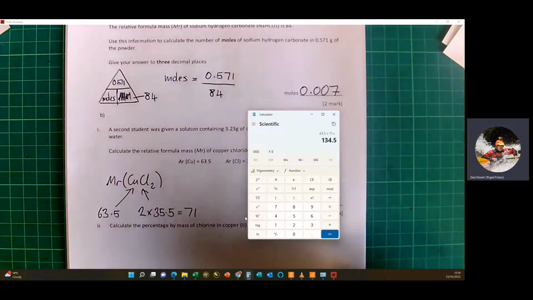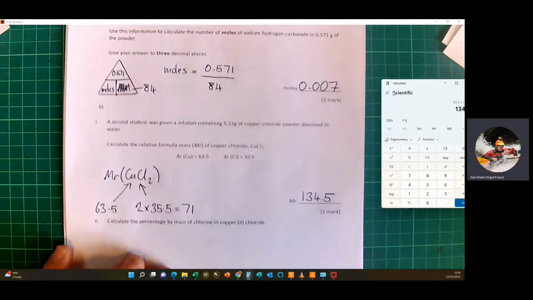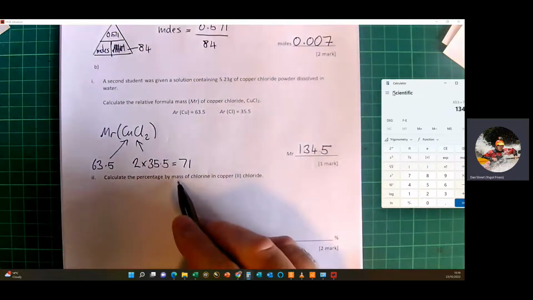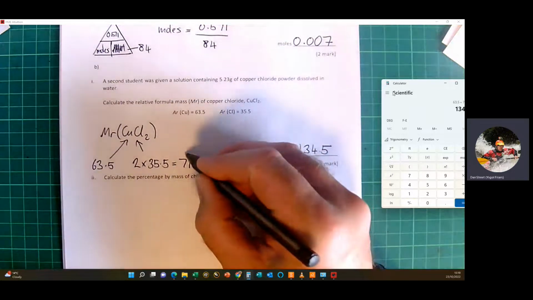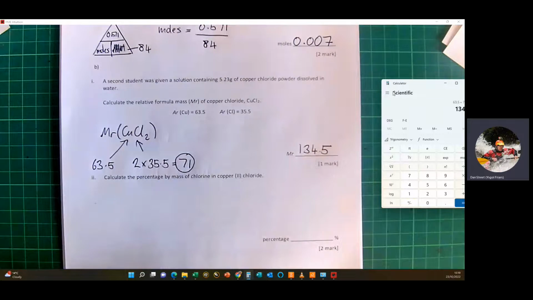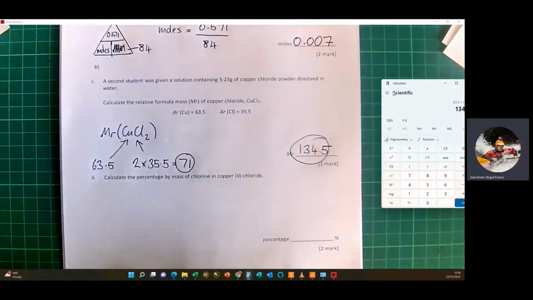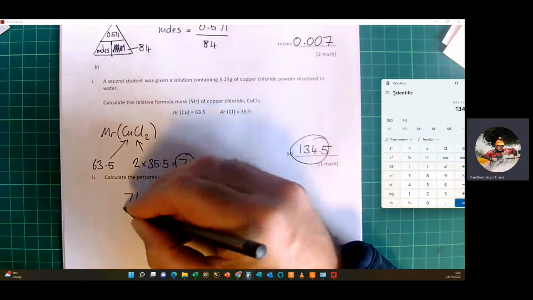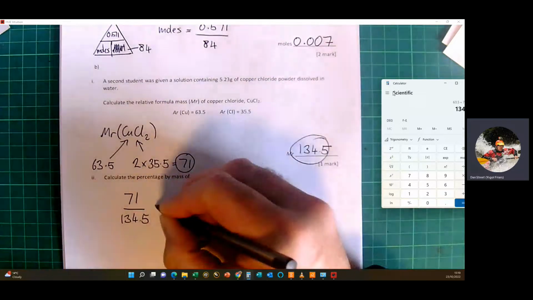Having calculated that, we can then go on to use that value in the final question. It says calculate the percentage mass of chlorine in copper 2 chloride. So we've already calculated the mass of the chlorine in copper chloride, and we know the Mr of copper chloride. So 71 divided by 134.5 times 100.